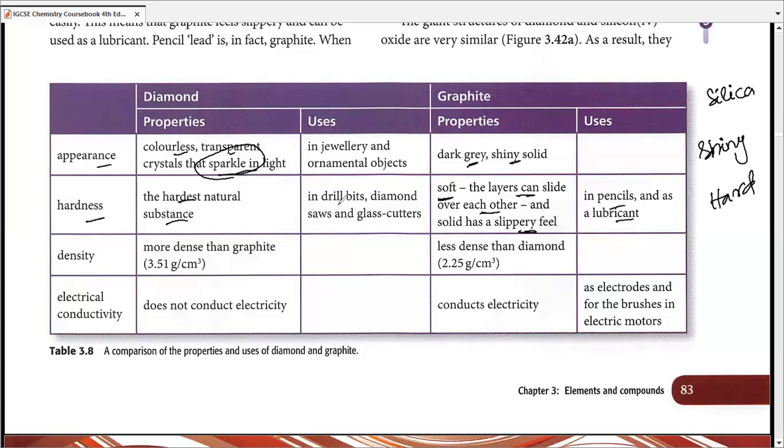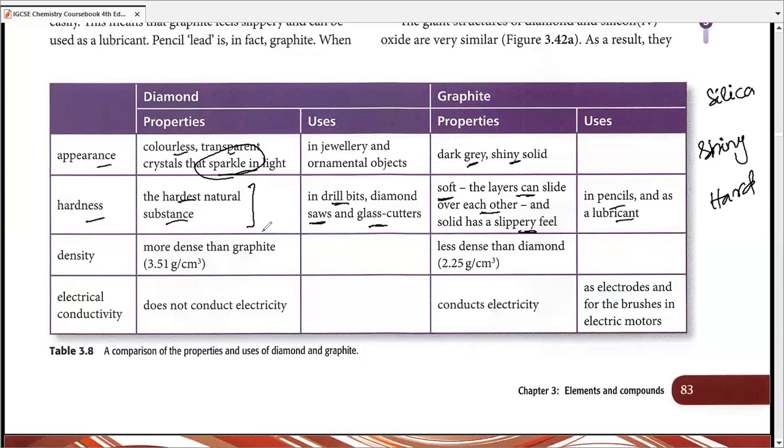Diamond, however, being the hardest natural substance, is used in drill bits, saws, and cutters. Hardest natural substance means it can cut or scratch anything on the planet, but all the other things cannot cut or scratch it. So if you want to cut or scratch diamond, you need diamond to cut or scratch diamond.